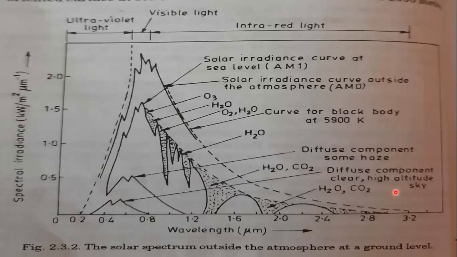The lower bottom curves are diffuse components, and these are the solar irradiance curves at sea level. This is the sea level solar irradiance curve, and this is outside the atmosphere. It has air mass 0, and the sea level has air mass 1.